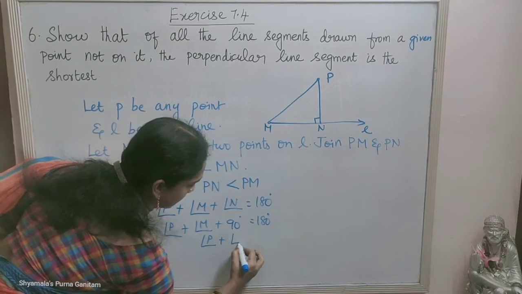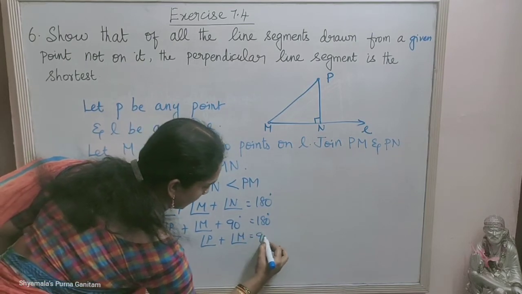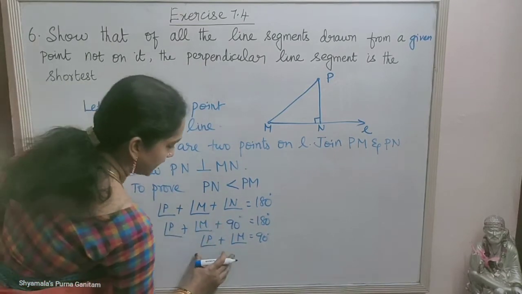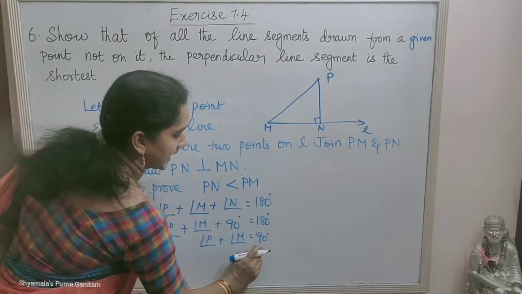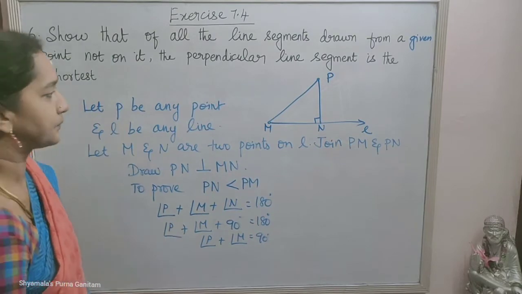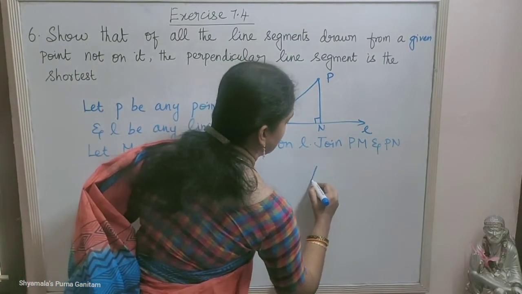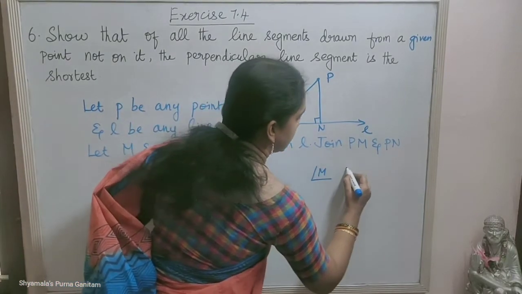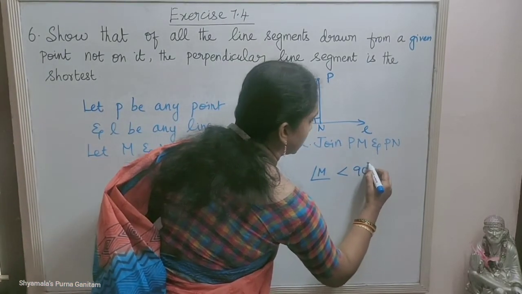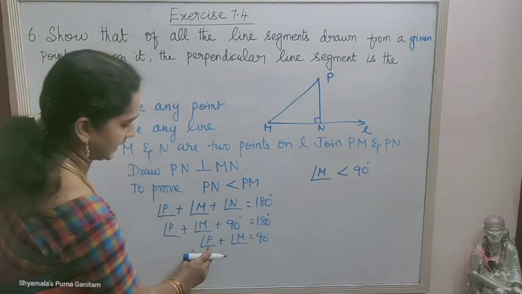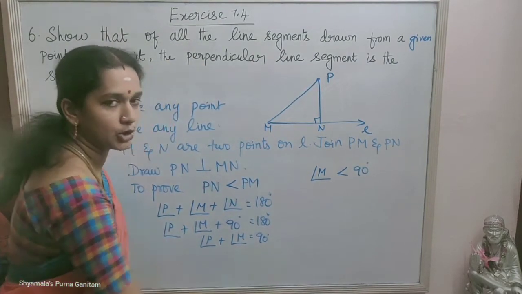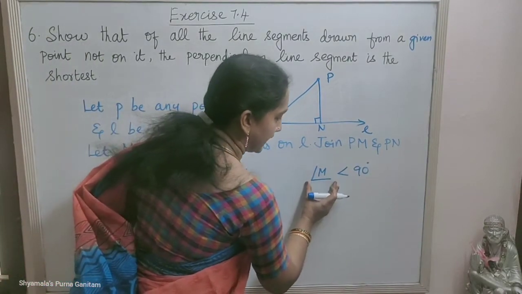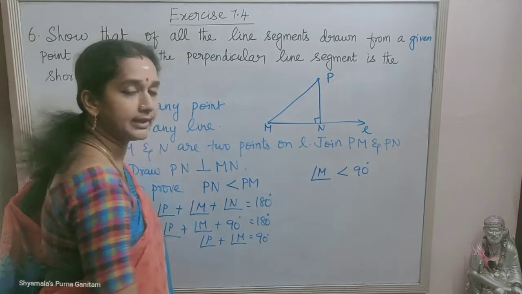Angle P plus angle M is equal to 90 degrees. When you add these two angles only, you get 90 degrees, so obviously angle M is less than 90 degrees.